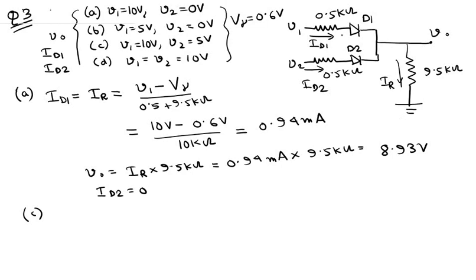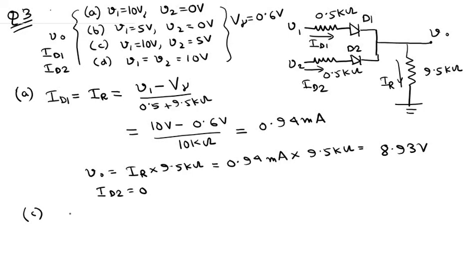So we always know that D1 is forward biased, but we do not know whether this diode is forward biased or reverse biased. So we have to make an assumption, and if the assumption is incorrect, we would get some fallacy, and then we should make another assumption. So right now let us make the assumption that D1 is forward biased and D2 is reverse biased.